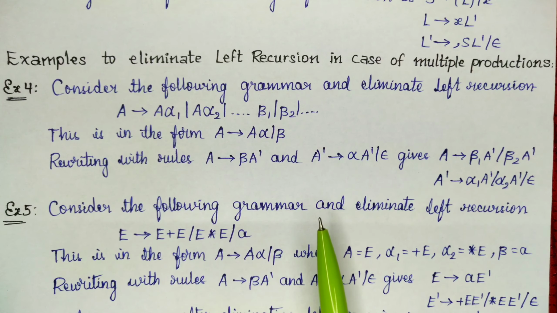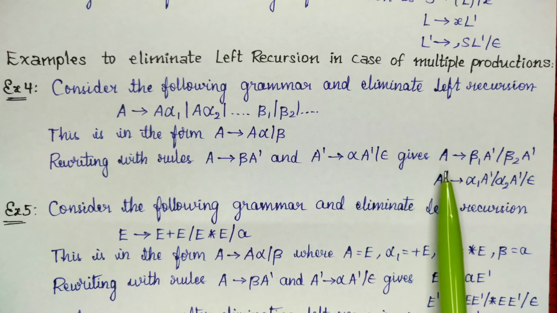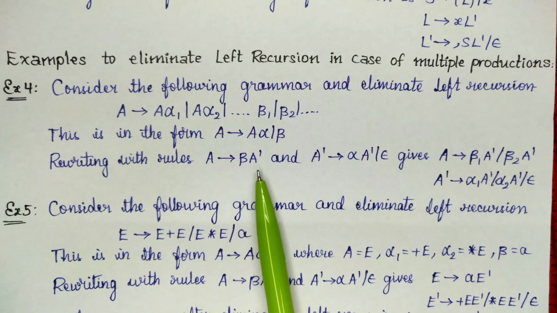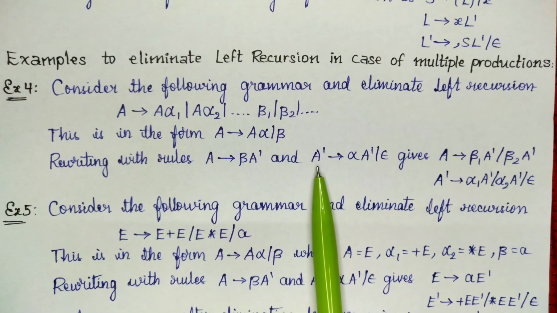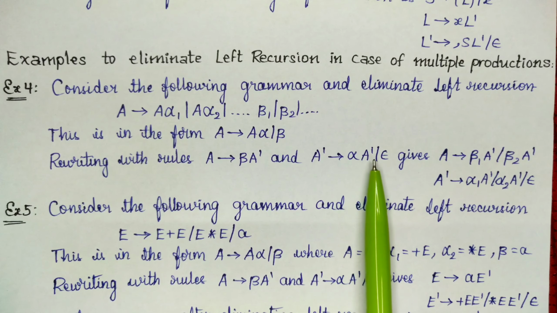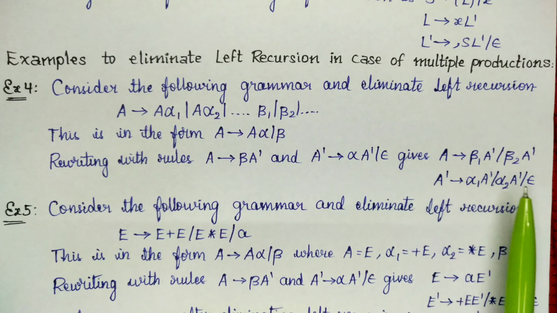So using this, write the rules for the above grammar as A produces beta 1 A dash or beta 2 A dash and so on like that, and A dash produces alpha 1 A dash or alpha 2 A dash and so on like that, or epsilon.